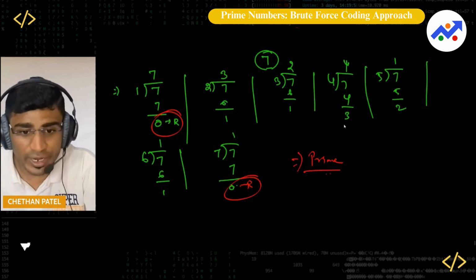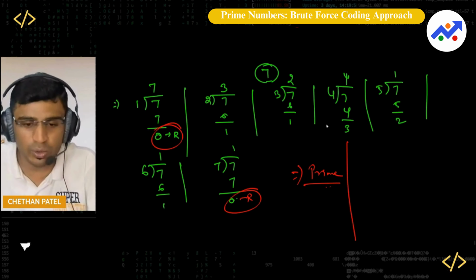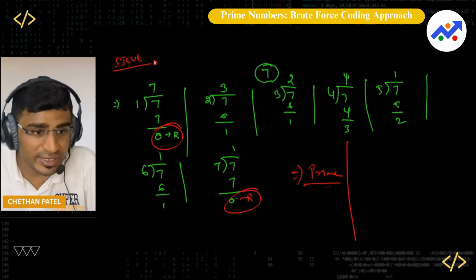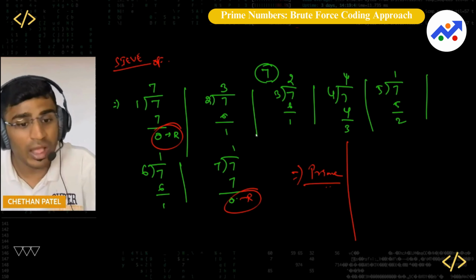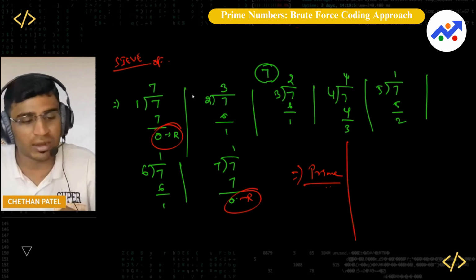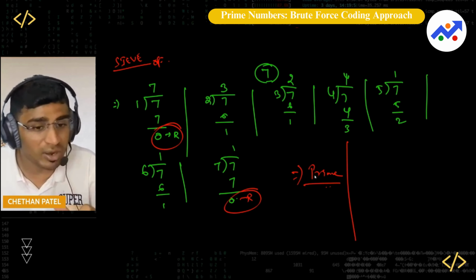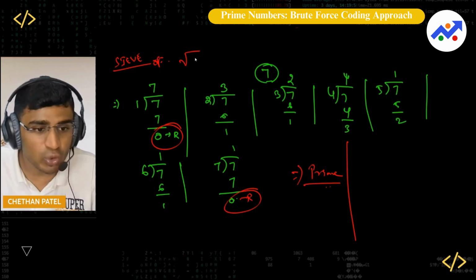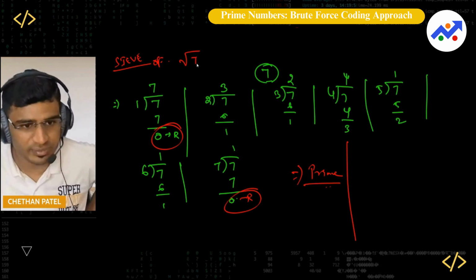But if you want to write code for it, we can write the code. But we have one more algorithm called the sieve of Eratosthenes. We will discuss that, because that will help you tell whether the given number is prime or not in a very small number of iterations. It will just take root 7 times.